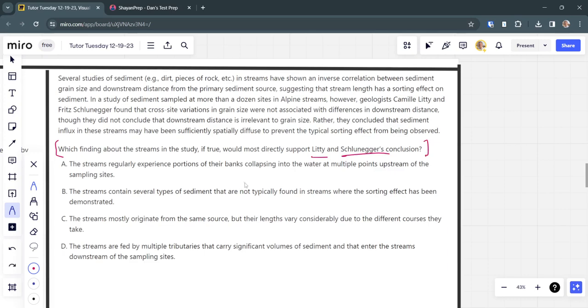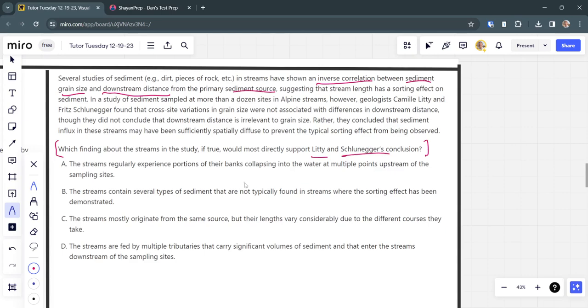So we're talking about studies of sediment in streams. There's an inverse correlation between sediment grain size and downstream distance from the primary sediment source. Stream length has a sorting effect on sediment.